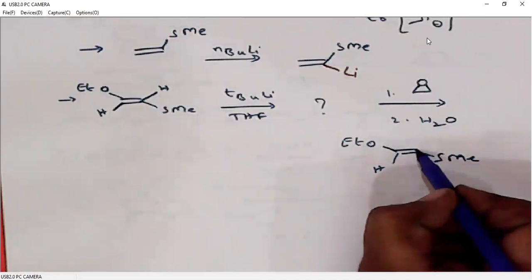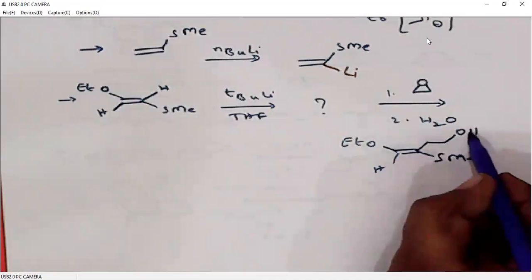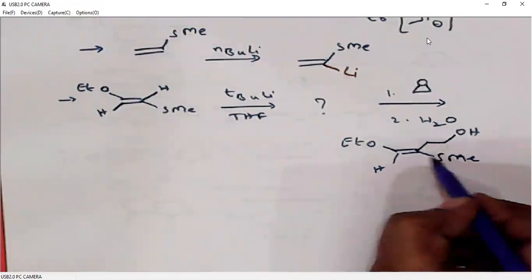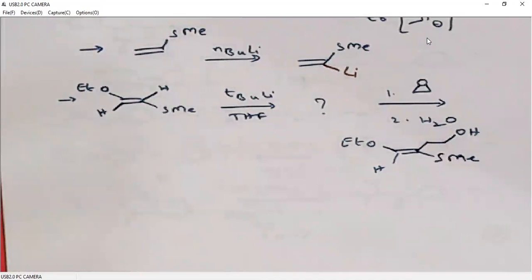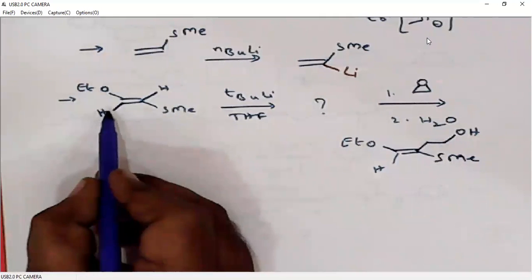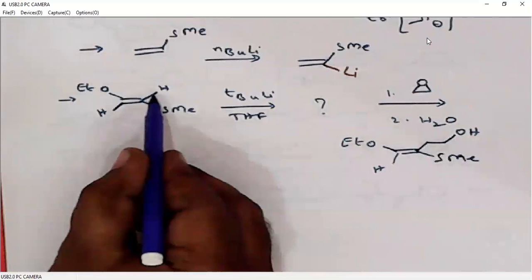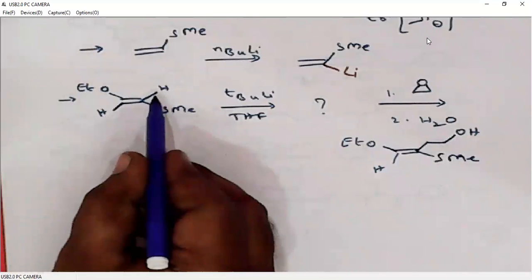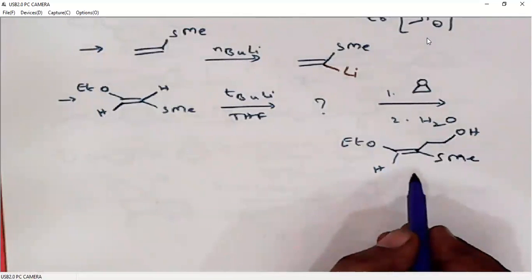So alpha to sulfur can be lithiated preferentially compared to alpha to oxygen. So here this proton can be lithiated. So that is why we are getting this product.